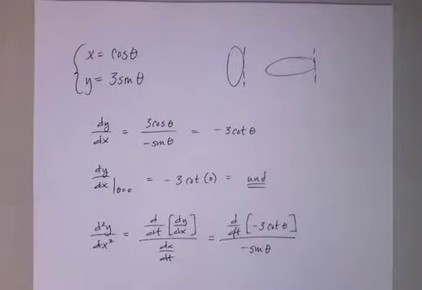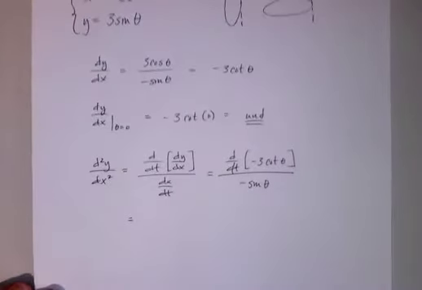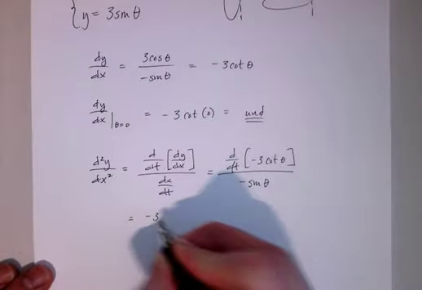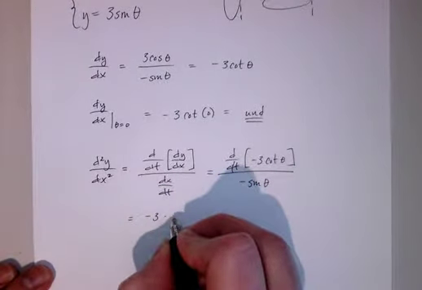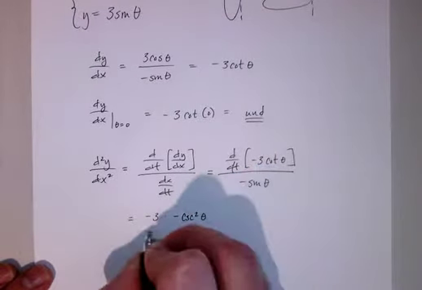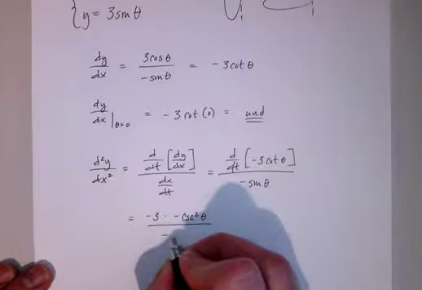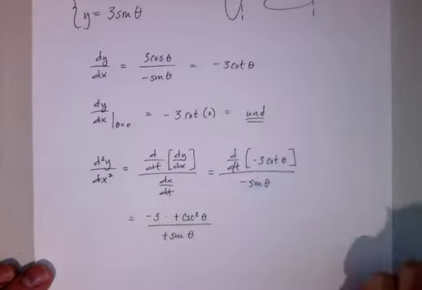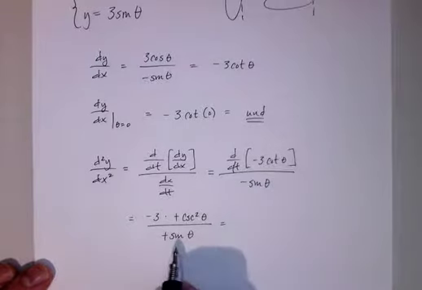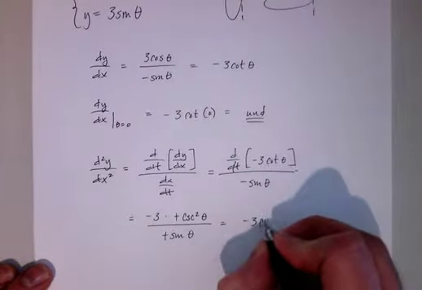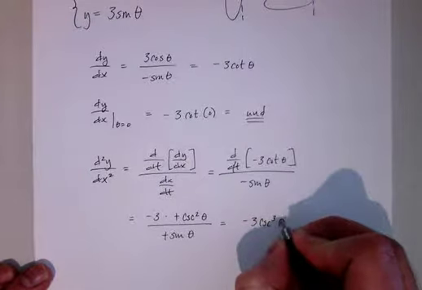Well, what is the derivative of cotangent theta? It's actually pretty straightforward. The negative 3 is going to come along for the ride, and it's going to be negative cosecant squared theta. And then, of course, the negative sine theta continues to come along for the ride. Let's go ahead and cross those two out. And to divide by sine is to multiply by cosecant, so it's negative 3 cosecant cubed theta.